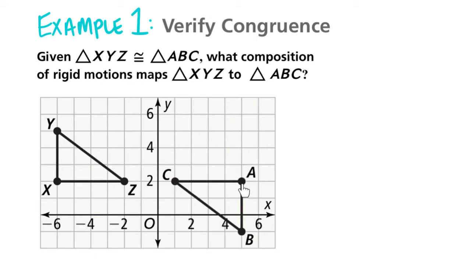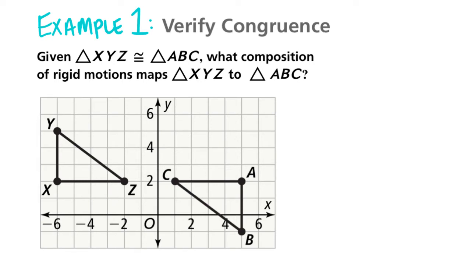So I need X to end up exactly where A is. I need Y to end up where B is. And I need Z to end up where C is. So the question is, how do I perform some reflections, some translations, or some rotations to make that end up happening?